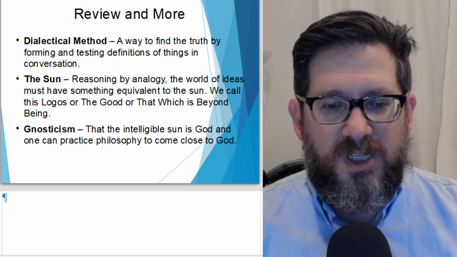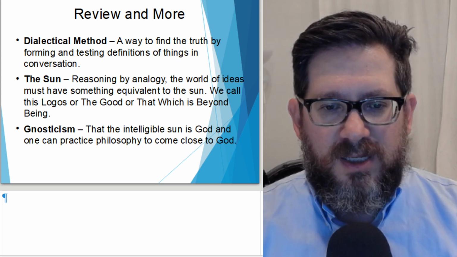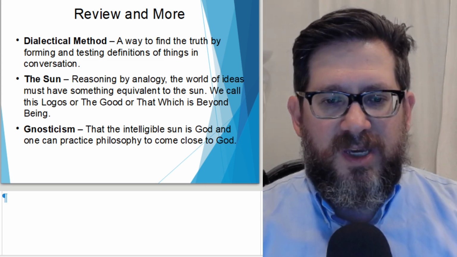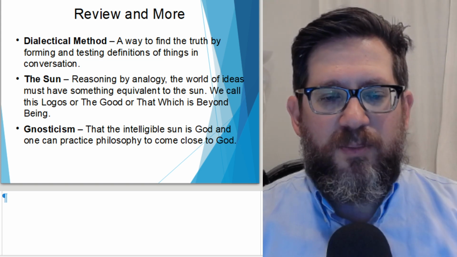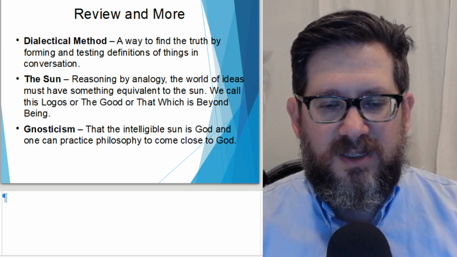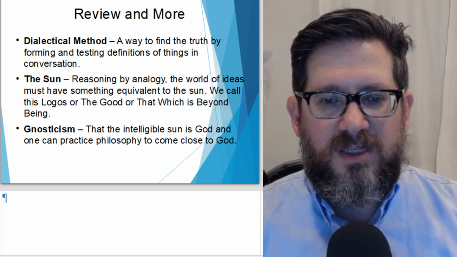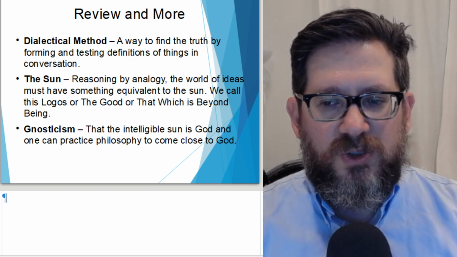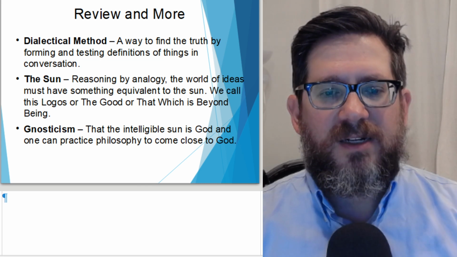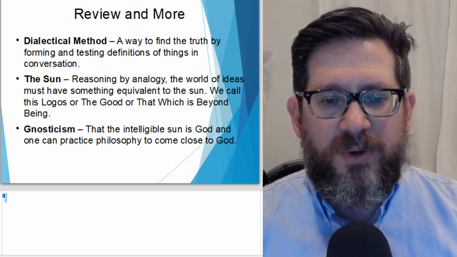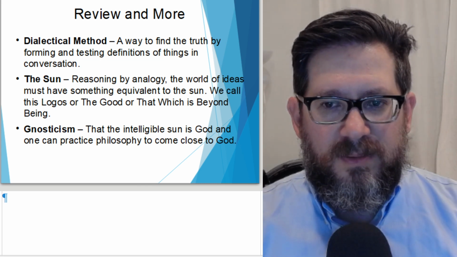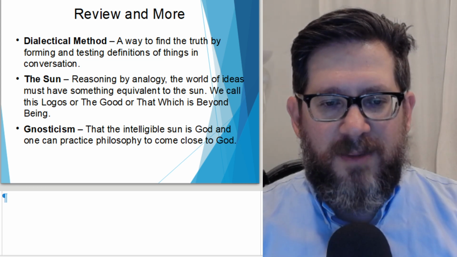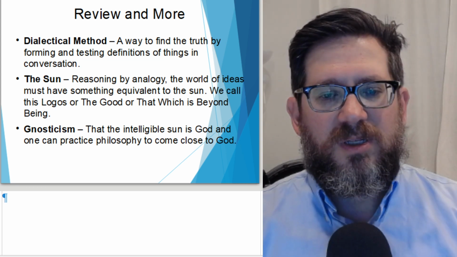And in this religion, the intelligible sun is taken to be God. And that practicing philosophy is a religious practice where one tries to get closer to God by entering into the intelligible realm and then trying to climb as close as possible up that ladder.